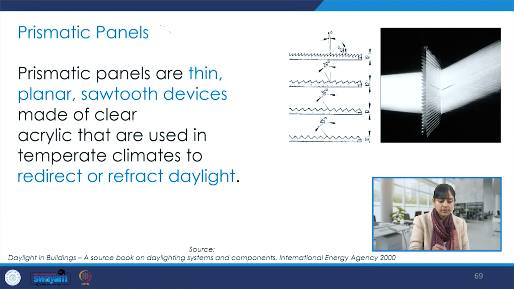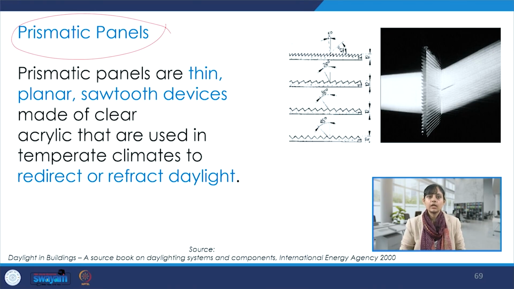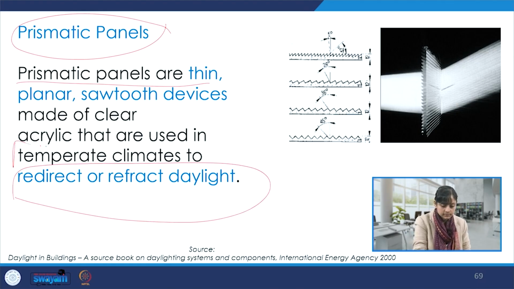Then there are prismatic panels. So these are very, very interesting, unconventional choices that can be accommodated if the project demands these, and we could take advantage of this knowledge. So prismatic panels are thin, planar, sawtooth devices made of clear acrylic that are used in temperate climates to redirect or refract daylight.